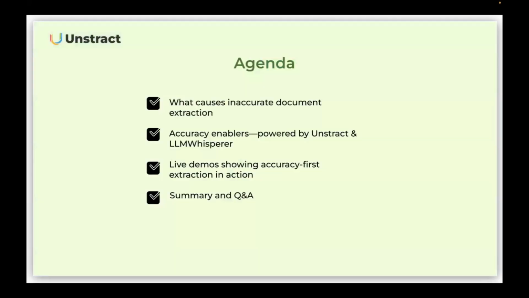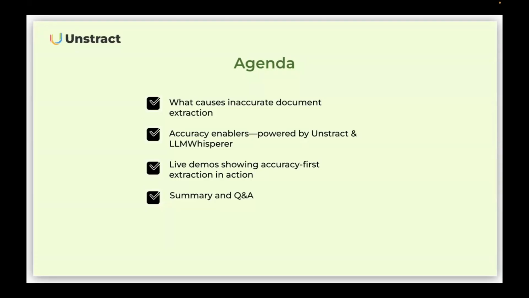So that said, here's the agenda for today. We'll open up this session by discussing what causes inaccurate document extraction. Now, this will set the problem statement that we're really looking to address. It will be followed by an introduction to Unstract and LLMWhisperer, which is Unstract's in-house text extraction service, along with the powerful suite of accuracy-enabling capabilities that they bring with them.